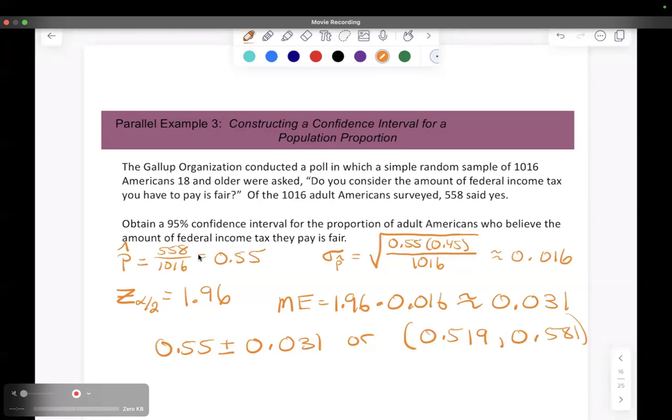Up here where the sigma's at, the 0.55 times 0.45. Yes. Where did the 45 come from, and why did we do it like that versus the other way we just did it?